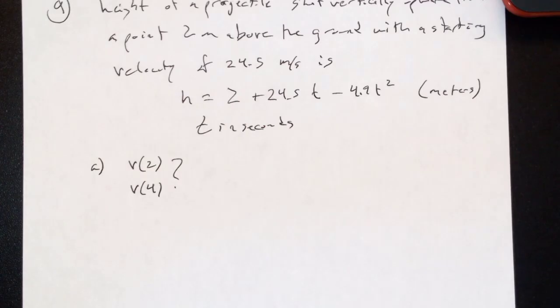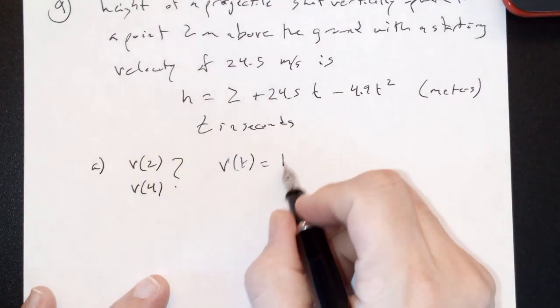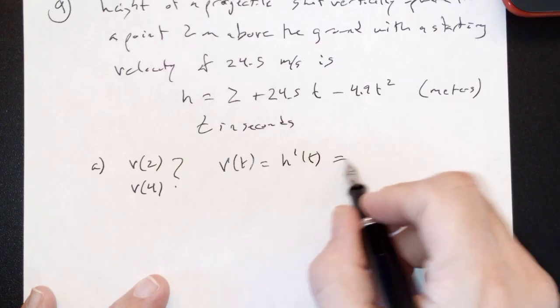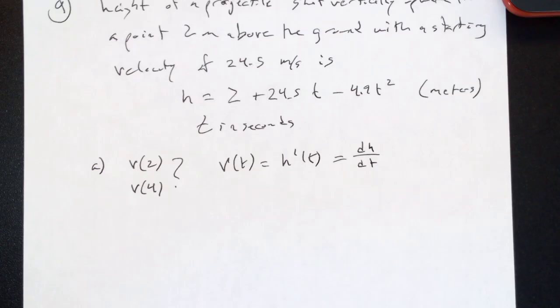How do I get there from here? Height would be my position equation, so I need the derivative to get the velocity. Velocity at time t is h prime of t, change in height with respect to time.